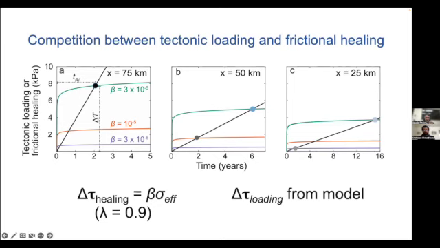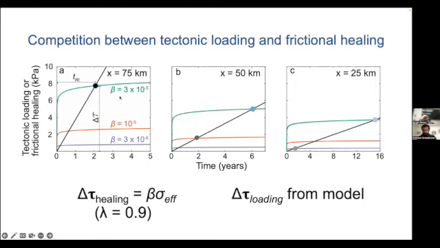In this case, I'm assuming the pore pressure ratio is 0.9. So pretty overpressured, but not really quite at the lithostat yet. And we do this for 3 different values of healing rates that are nearly 0, but lower than the upper bound that we constrained from our lab experiments, which was about 10 to the minus 4 per decade in time.